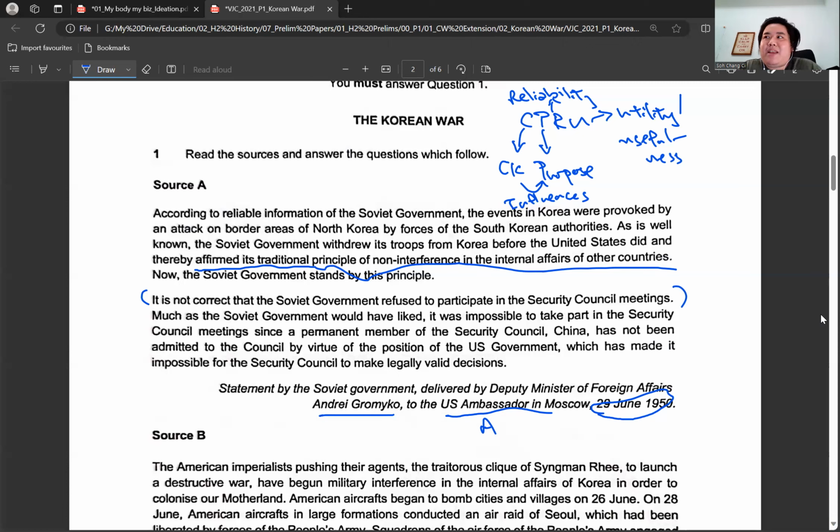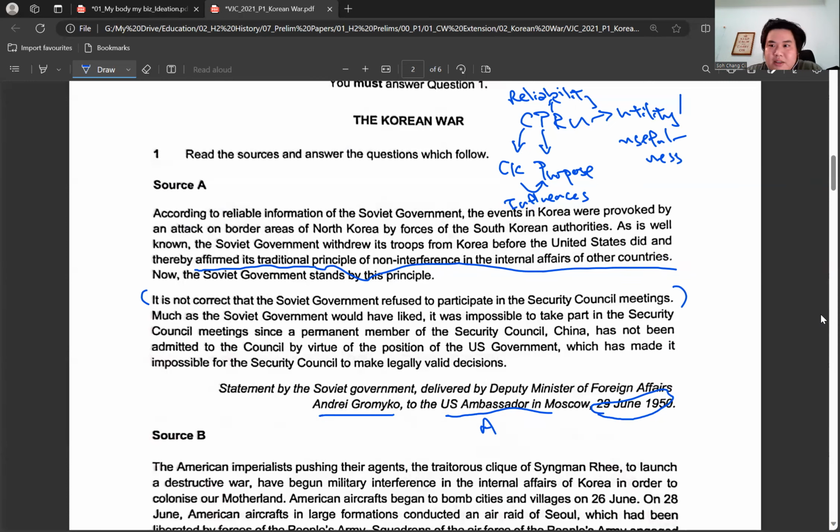And that in turn meant that the intended outcome was to ensure, or to at least try and prevent, USA from taking a more active stance on the Korean War itself.